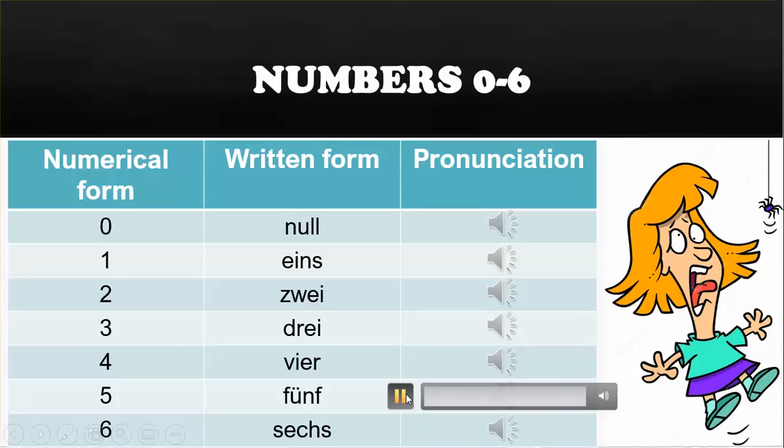Vier. Fear. And vier kind of sounds like the English word fear when you're afraid of something. Like you can see in this image, the woman is fearful of the spider. So vier in German sounds like the English fear.